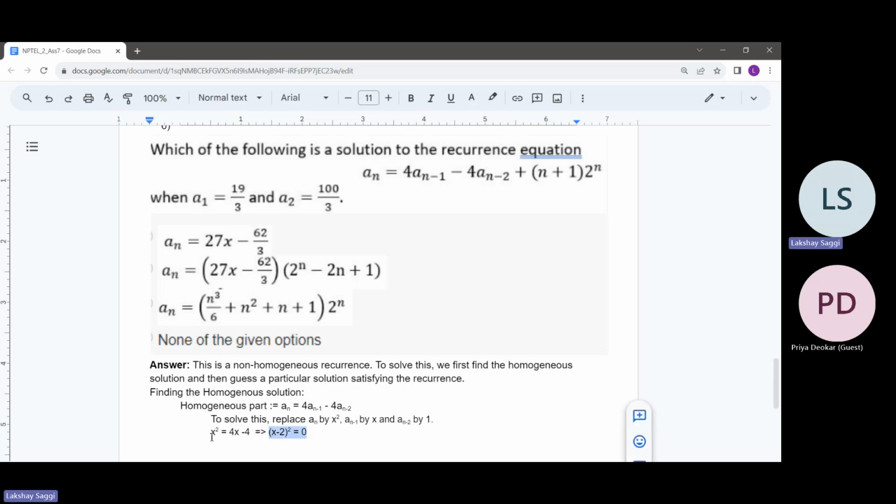You can easily see that this implies this. What this means is that x equals 2 is a repeated root. Basically the only solution to this equation is x equals 2, a root 2 times.